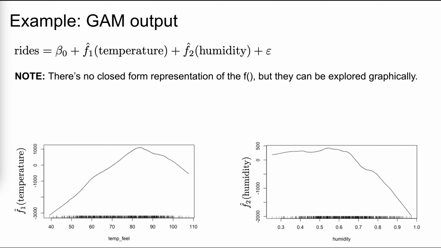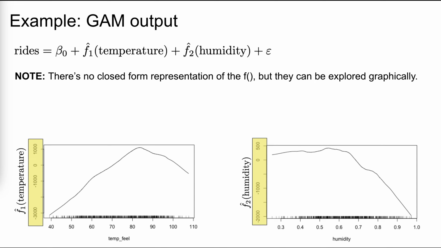Plotted here are the functions f1 and f2 for our two predictors, temperature on the left and humidity on the right. The x-axes look familiar. Mainly, our function f1 spans temperatures from roughly 40 to 110 degrees. And our function f2 spans humidity observations from roughly 25% to roughly 95%.